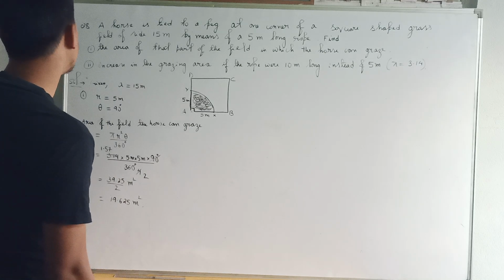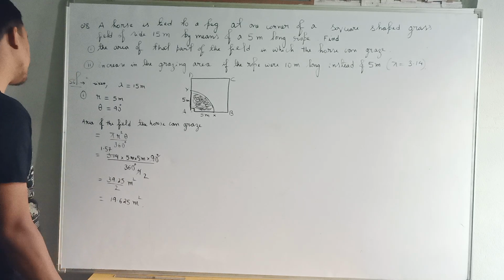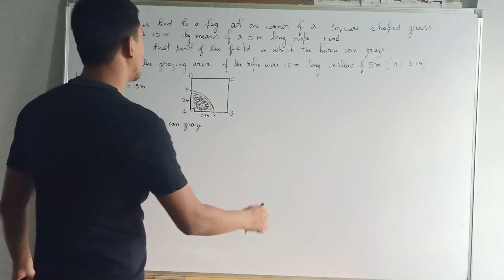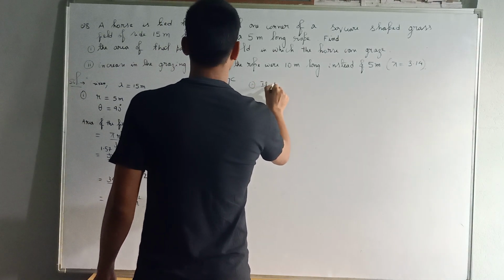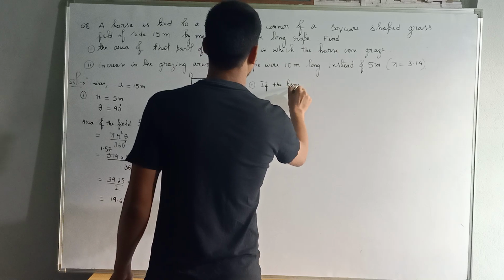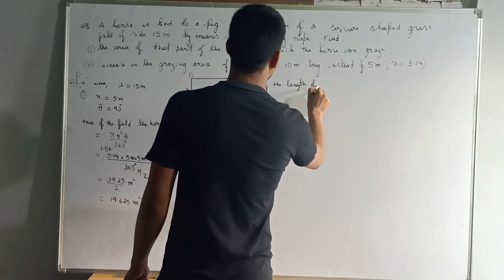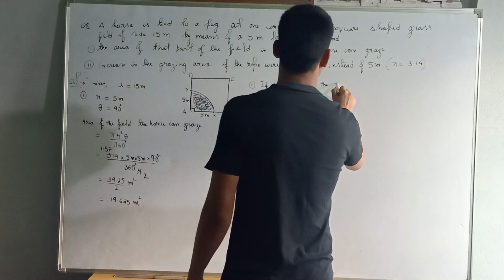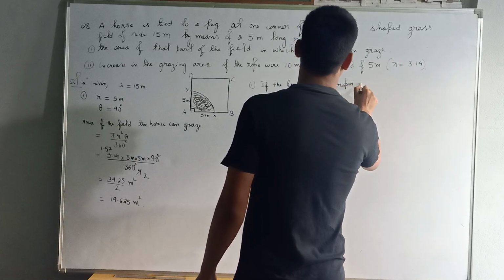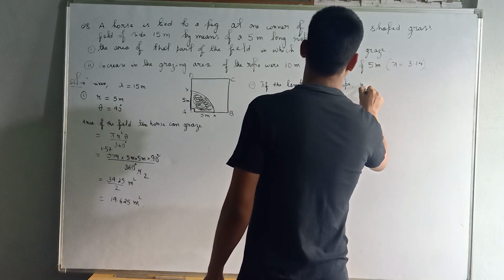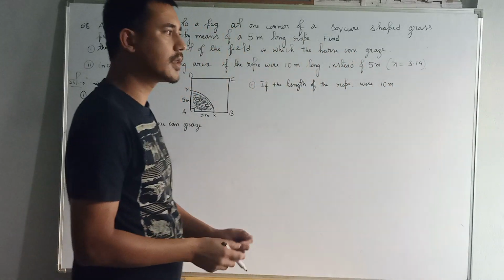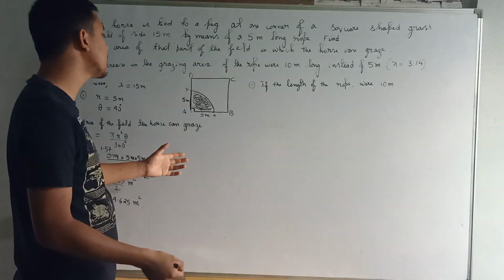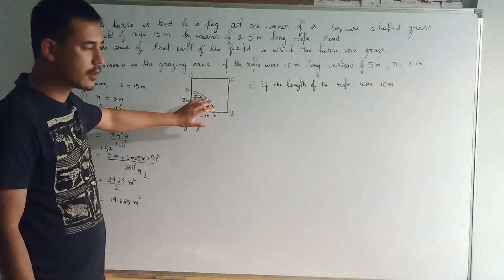So what we are going to do here, in Roman 2, is if the length of the rope were 10 meters, in that case the horse could graze a larger area, right?